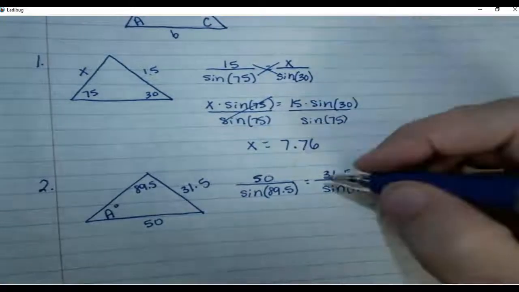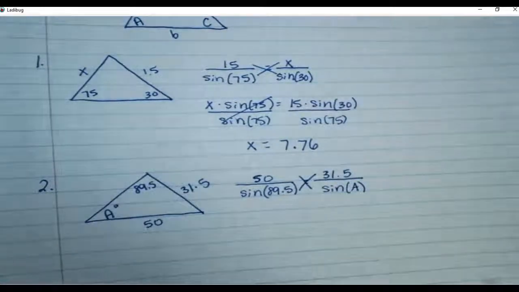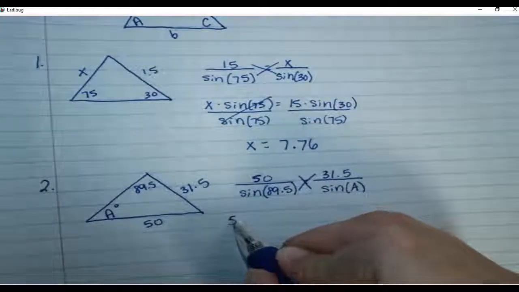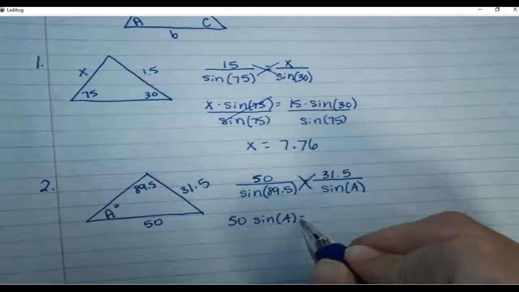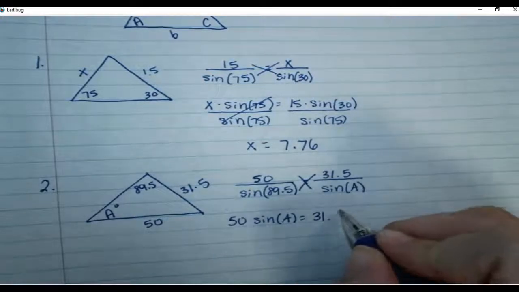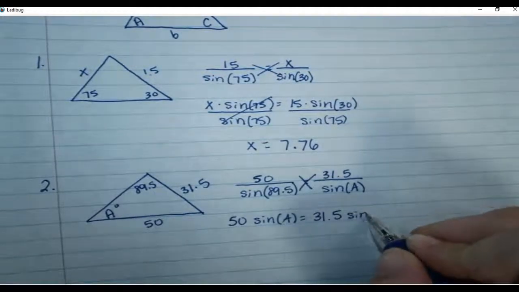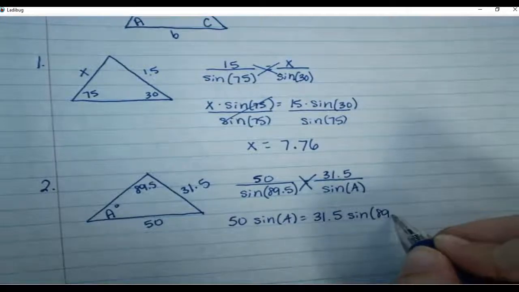Alright, so just like our last one, we want to cross multiply. So we get 50 sine of A equals 31.5 sine of 89.5.